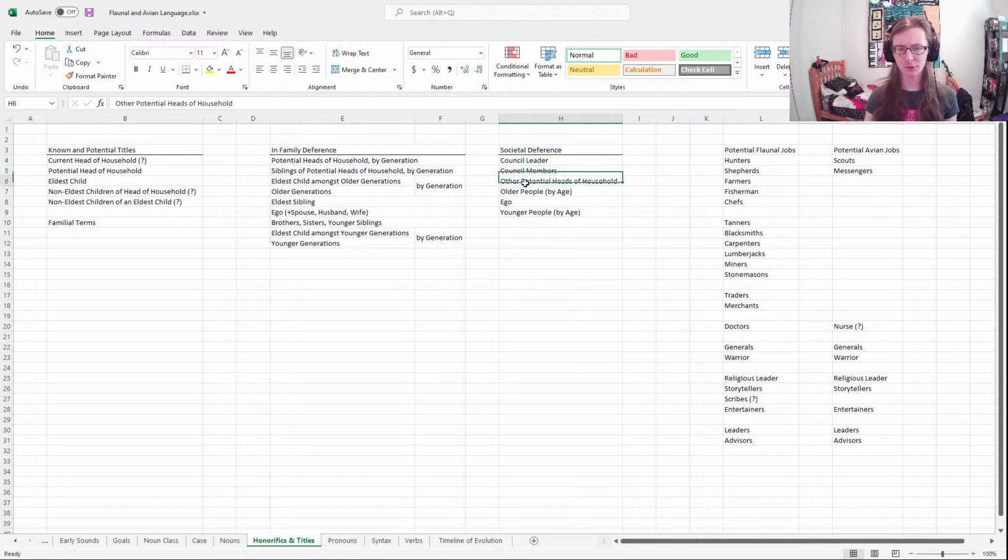Other potential heads of household, again, formal or informal are possible, depending on circumstances, and just about everyone else will be informal, following some of the normal rules. Actually, I think heads of households, council members and council leader, regardless of who is speaking to them, will always at least get the formal.